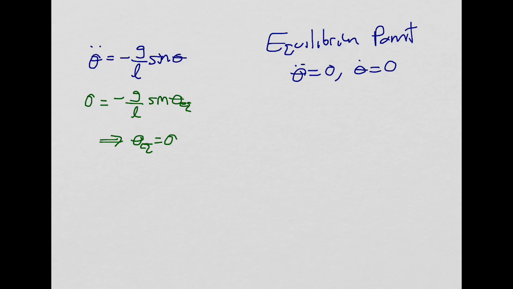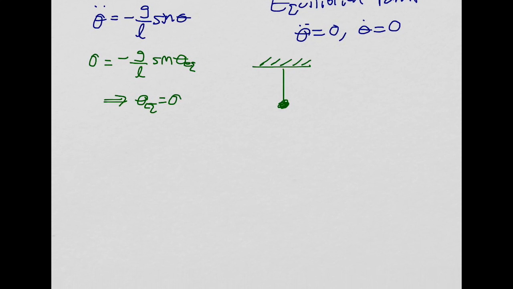And this should make sense to you for our simple pendulum, because the equilibrium point is when theta is equal to 0. That's when we're not going to have any acceleration at all in the rotational direction. So let's look at the equation of motion for this pendulum in an accelerated box.